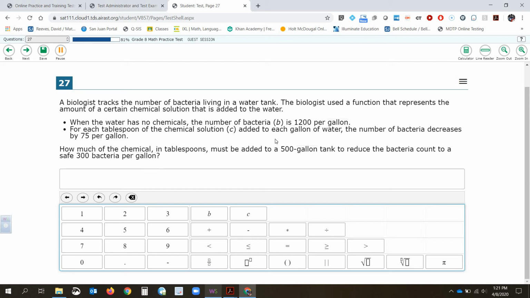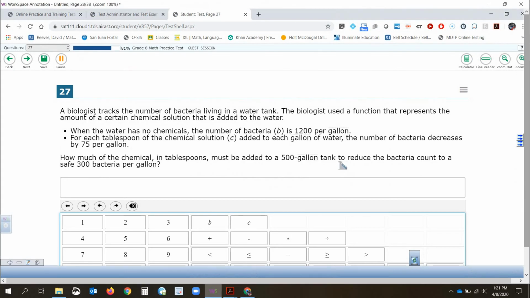So every tablespoon we add of this chemical, for each gallon we have, the bacteria goes down by 75 per gallon. That's a mouthful, wow. How much of the chemical in tablespoons must be added to a 500-gallon tank to reduce the bacteria count to a safe 300 bacteria per gallon? Wow, that's a lot of words to put together.